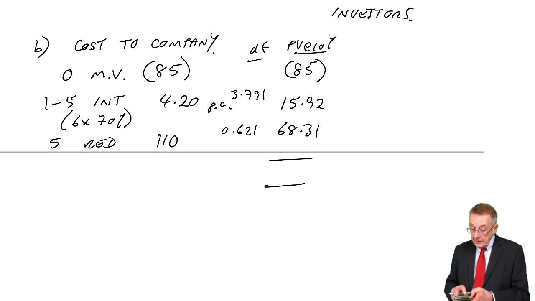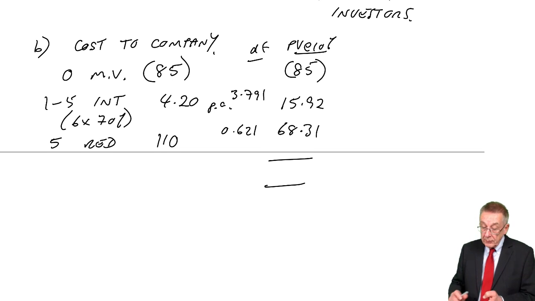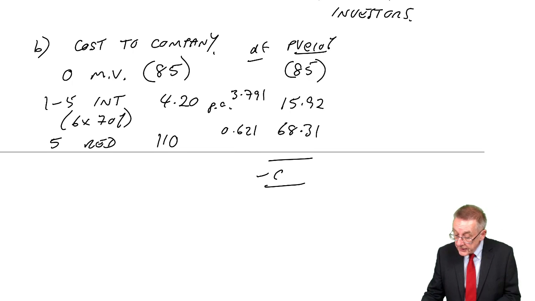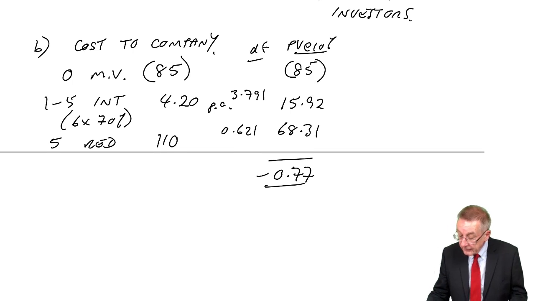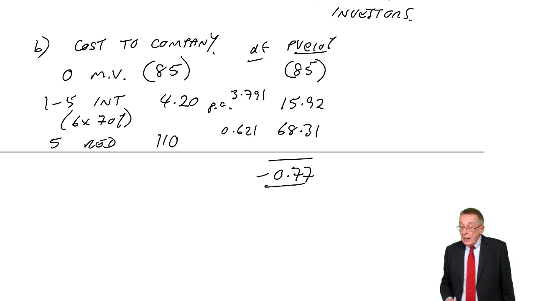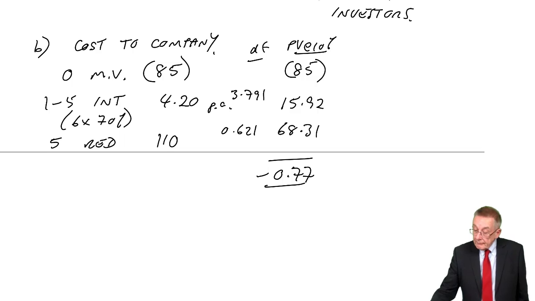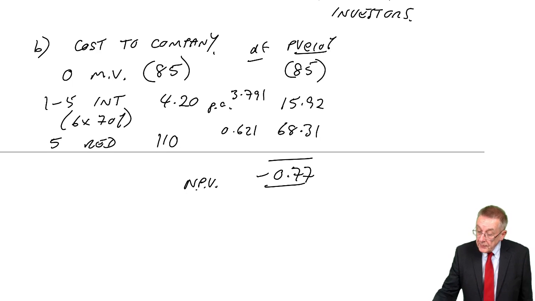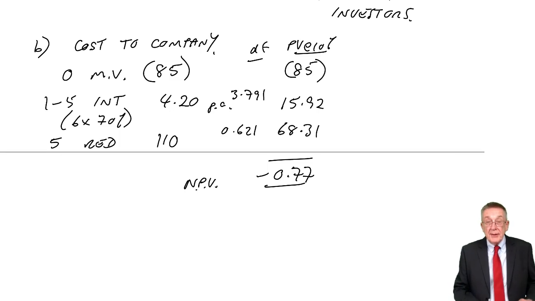So a net present value of minus 0.77. And so this time, if it's negative at 10%, the IRR must be a little bit lower than 10%.